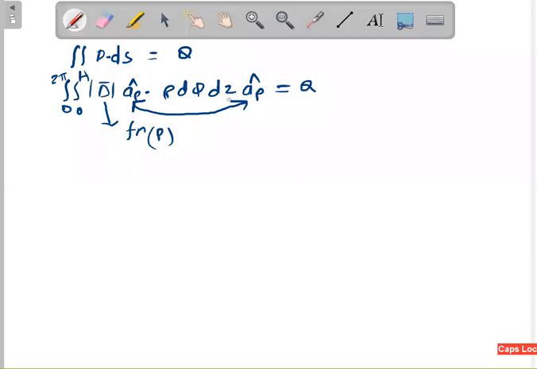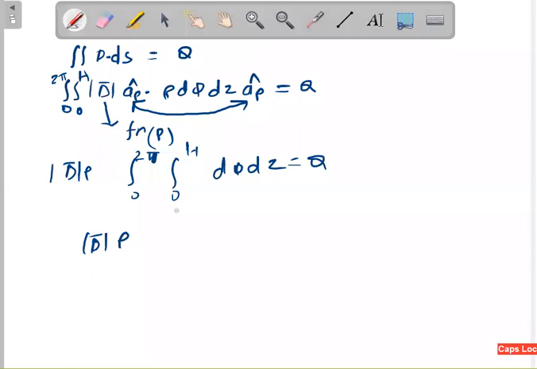That means you can take D bar and rho outside, and then you are left with the integral from 0 to 2 pi and 0 to h of d phi dz, which is equal to Q. Once we do this integration, this gives 2 pi and this gives h.